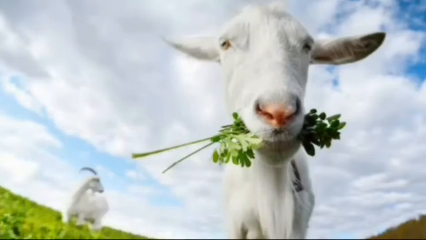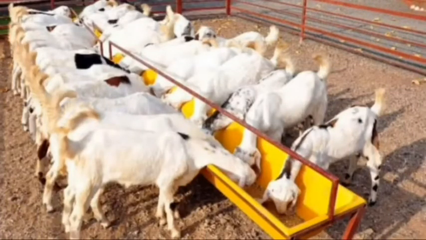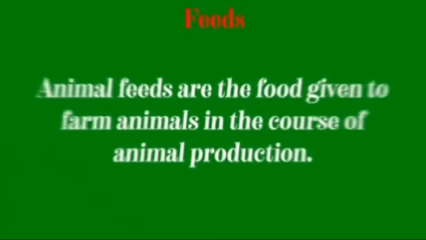Farm animals are kept by men to provide either food or raw materials for industrial use. Now, these animals need to be fed on a regular basis for optimum performance.